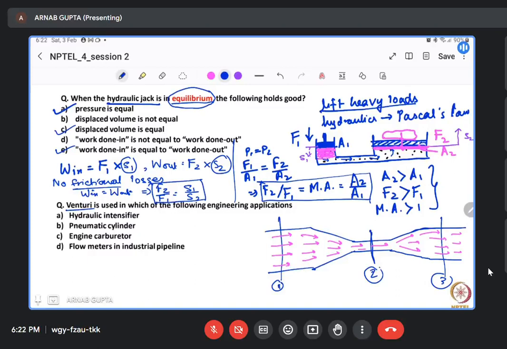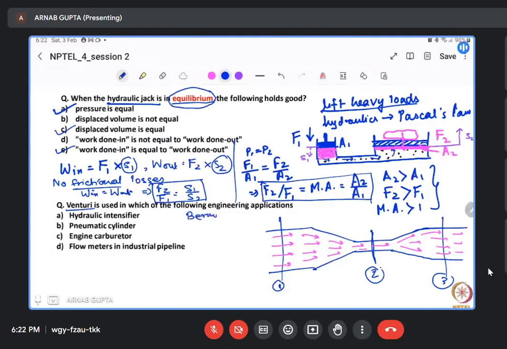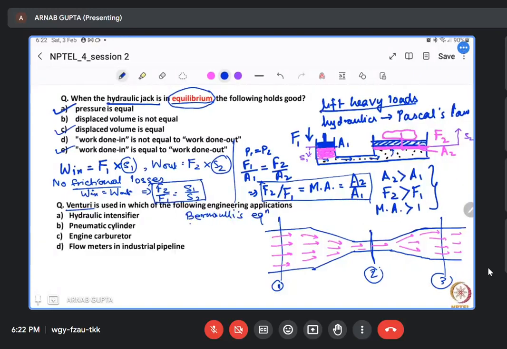So what are the components of that energy? That is what I am talking about. I hope you understand. That's Bernoulli's principle or Bernoulli's equation. So total energy of the fluid at section 1 is the same as that in section 2 and 3. So what are the components of the energy?